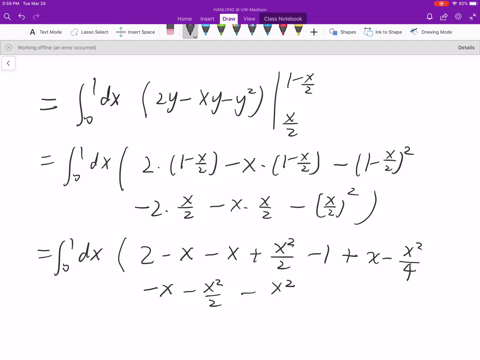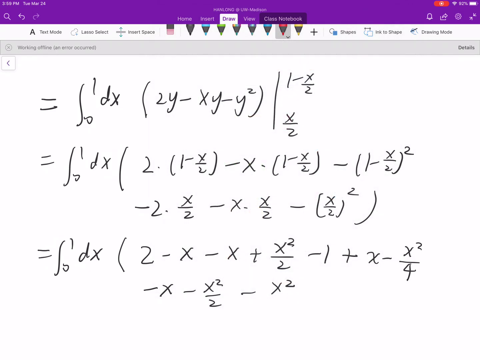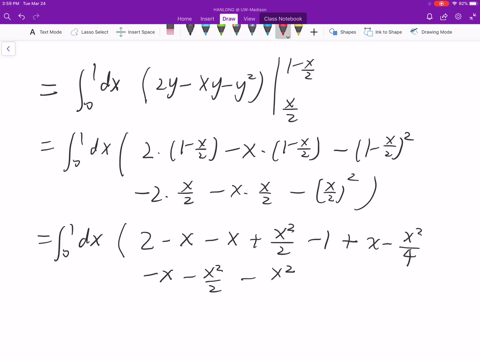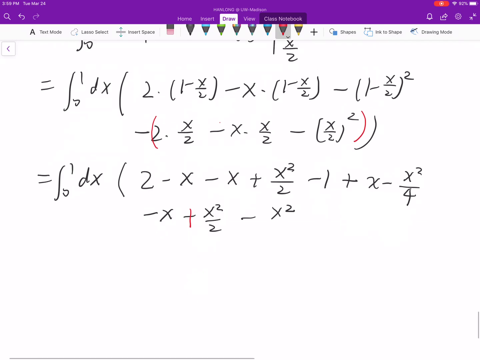Here you should have small parentheses here. Therefore, after you do the calculation, here you have plus, okay, and then plus x squared over 4.